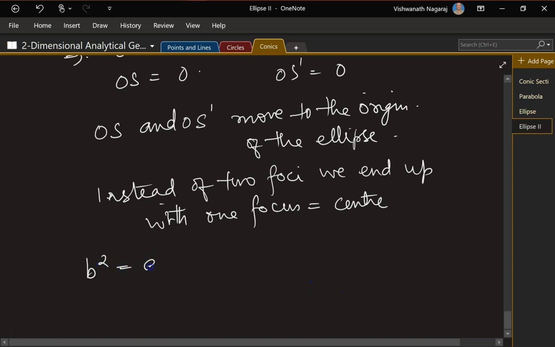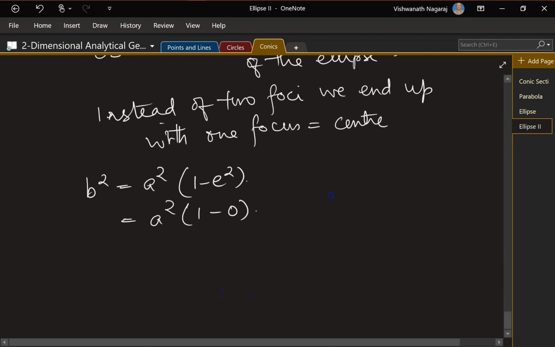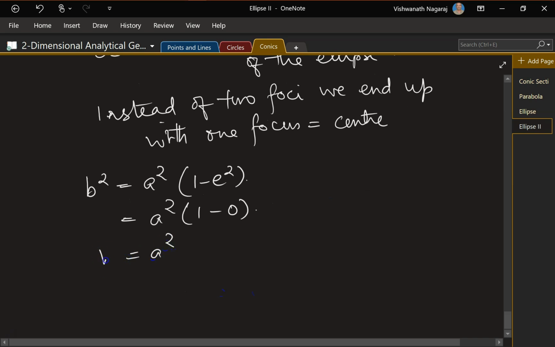So B square is equal to A square into 1 minus E square. We know this. A square into 1 minus 0. That means A square. B square equal to A square, which means B equal to A. So now if we do the substitution in the equation of the ellipse, x square by A square plus y square by, now instead of B square, we write A square itself because it is equal to 1.